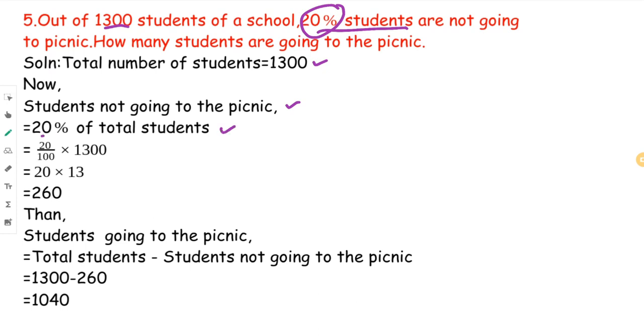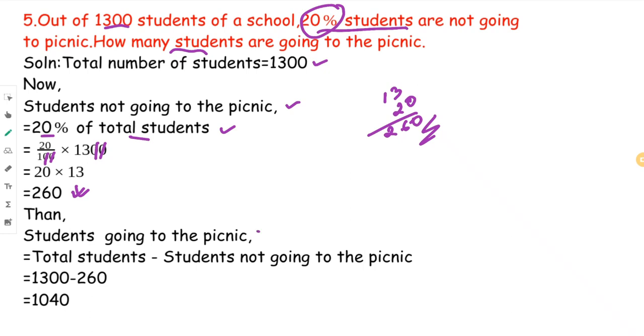So 20% means 20 by 100. Total students how much? 1,200. So we can divide again, 0 0 0 0. I'm going to have 20 into 13. So if you multiply, how much are we going to get? 2 3s are 6, then 2 1s are 2, then 0. So now we know that 20% of the students, who are not going to the picnic, equals 260, right? But the question told us to find out how many students are going to the picnic.